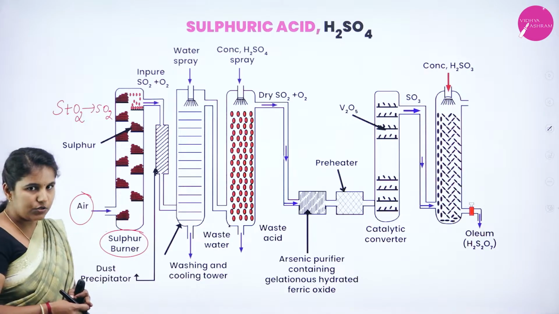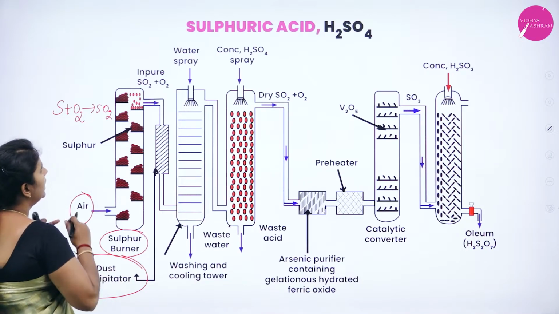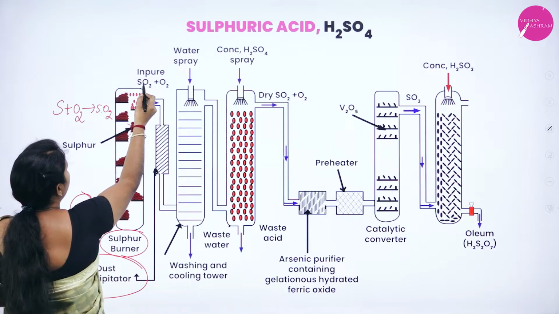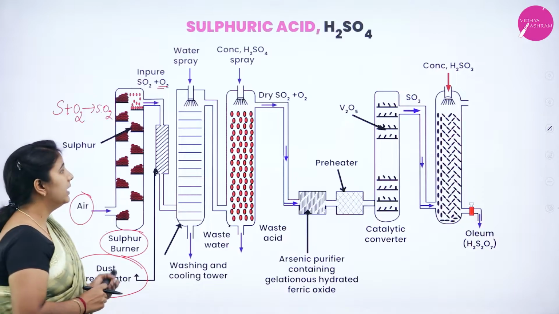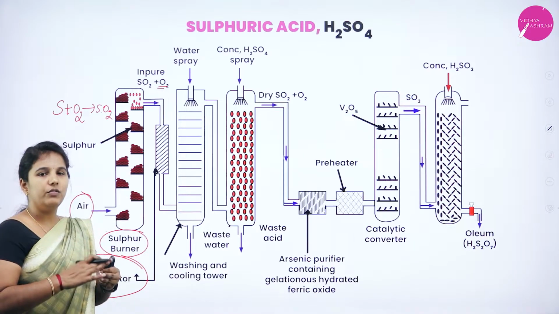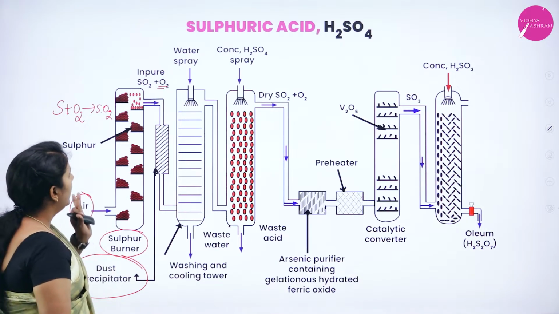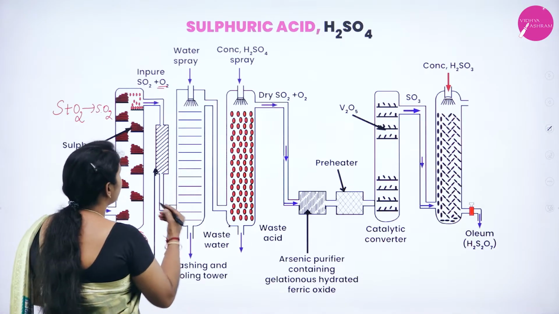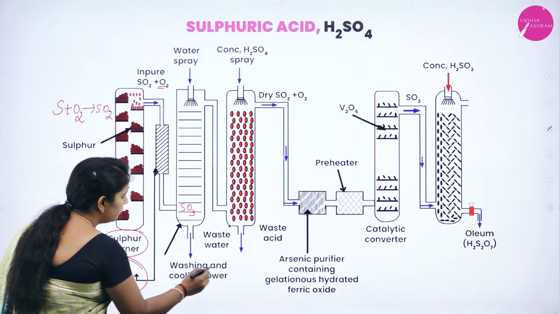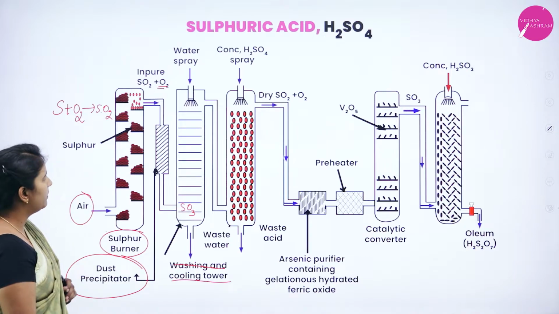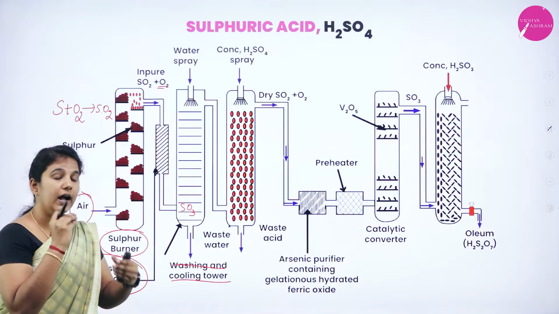This will be passed to the dust precipitator, where this sulfur dioxide is further oxidized with oxygen, so that any impurities which are there will precipitate in the dust precipitator. Later, this will be passed to the washing and cooling tower, where water will be sprinkled at the top.